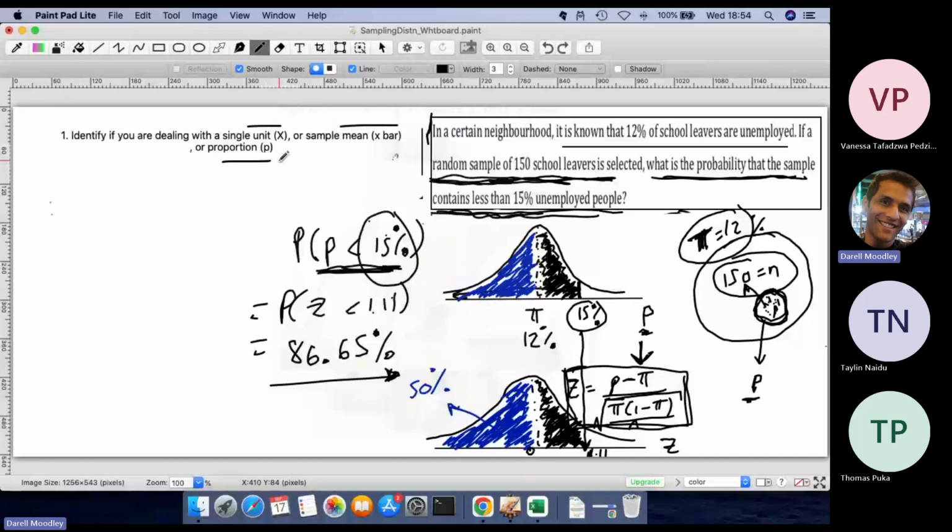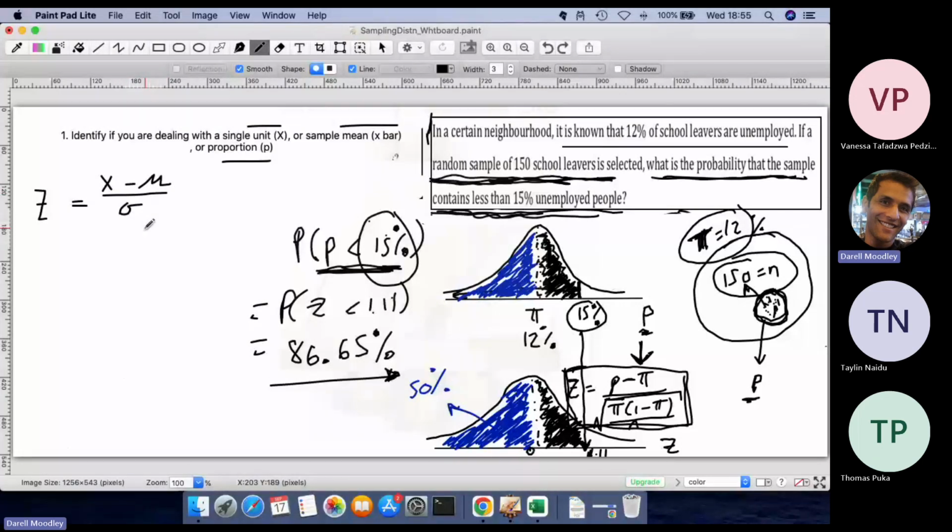Depending on which one you're dealing with, that will determine which formula you need to use to get the Z value. So for X, you would use Z equals X minus mu all over sigma.